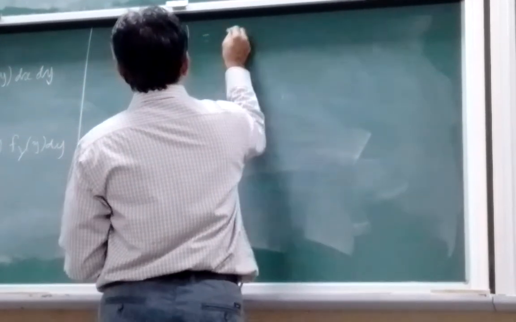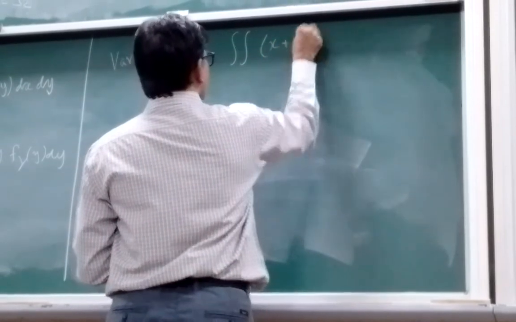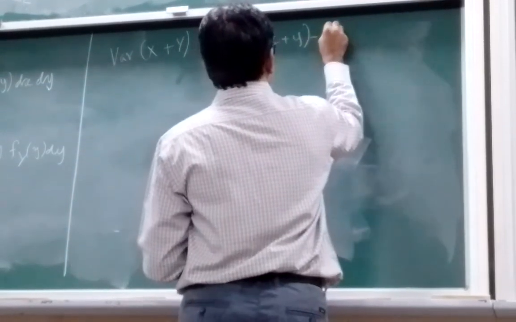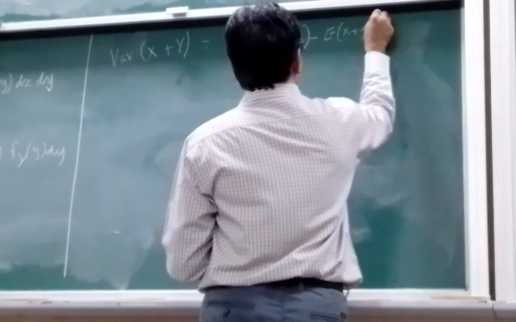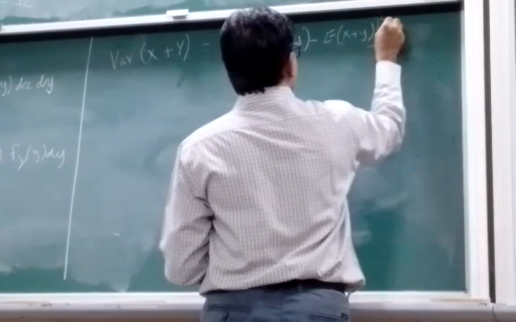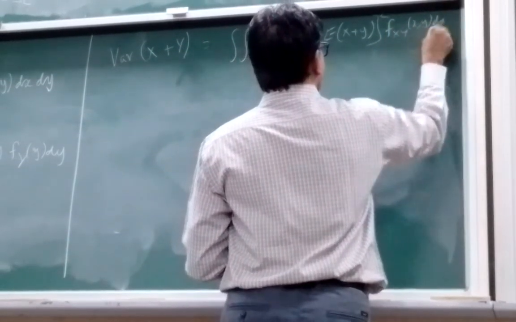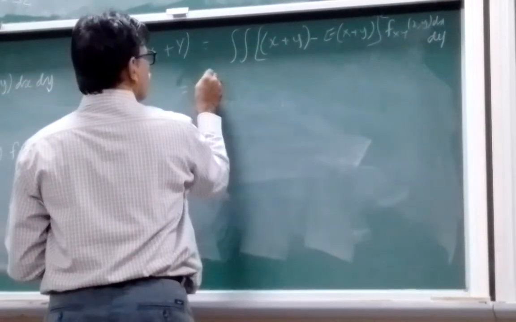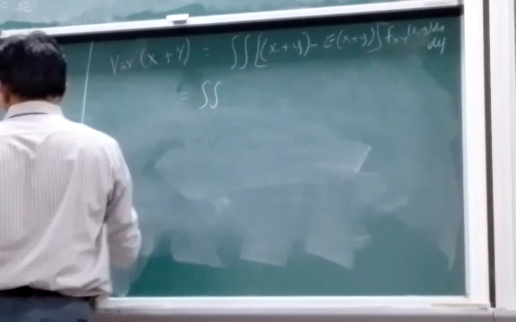So how do we write it in general? So this is mu x mu y. I will use the notation.